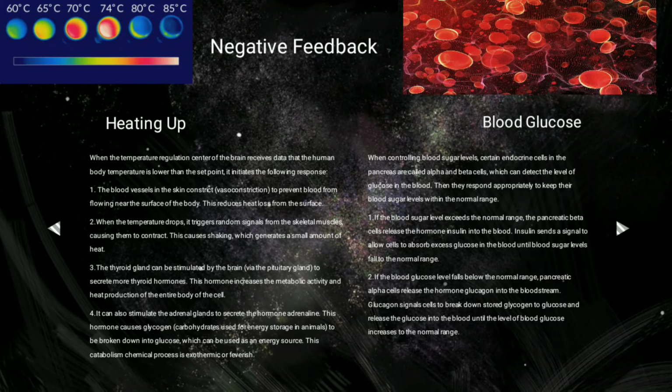Here are some examples. If the body sugar level exceeds the normal range, the pancreatic beta cells release the hormone insulin into the blood. Insulin sends a signal to allow cells to absorb excess glucose in the blood until blood sugar level falls to the normal range.